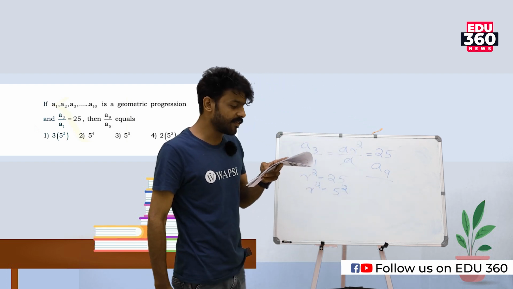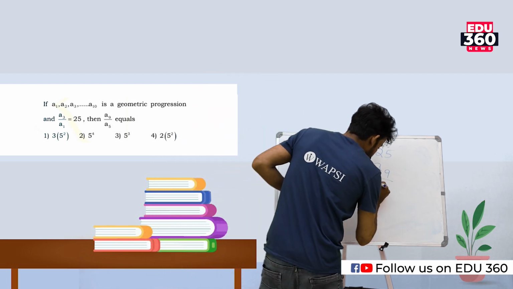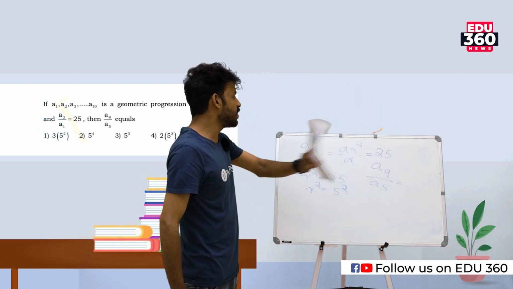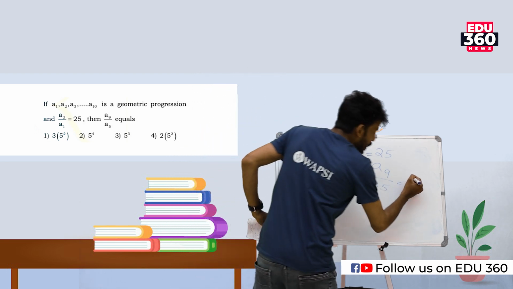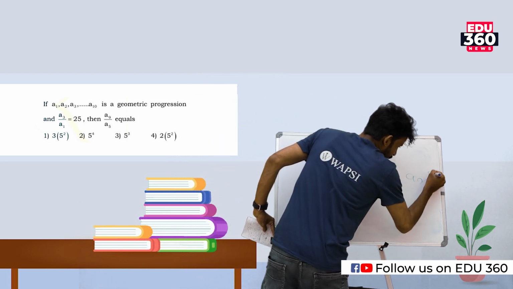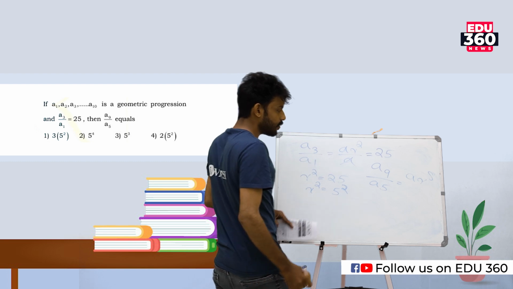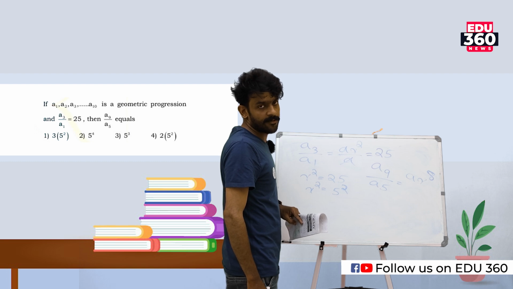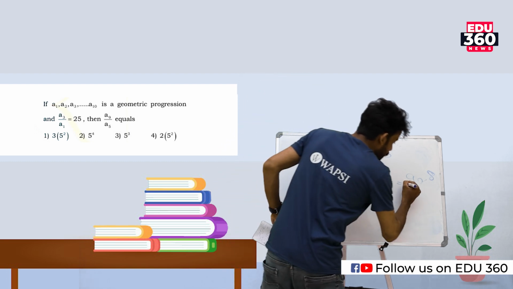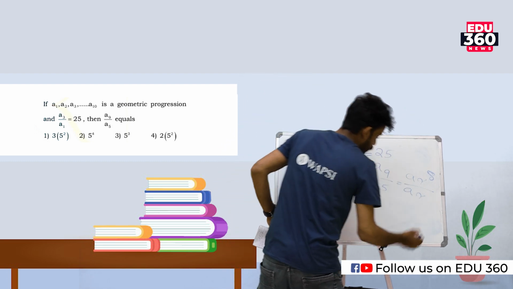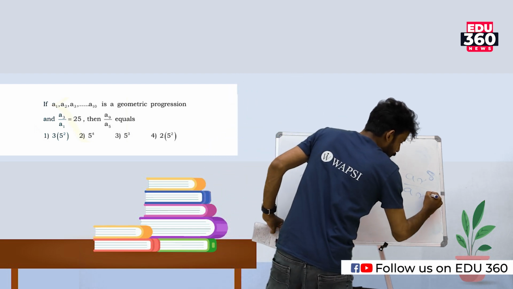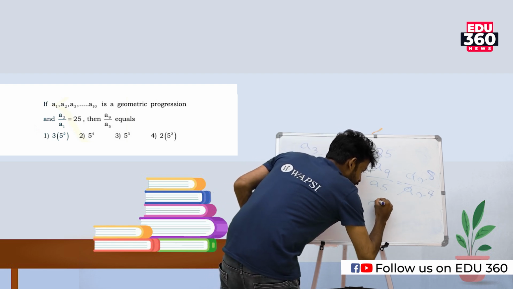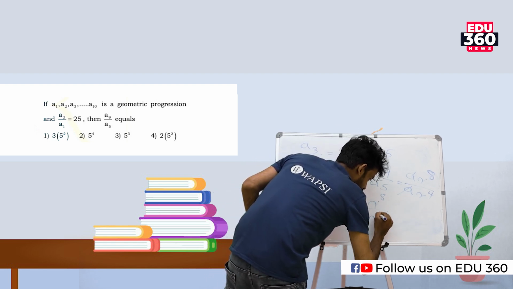Using the same method for a n, we can write a r raised to 8, because a r raised to 9 minus 1 is a r raised to 8, divided by a r raised to 5 minus 1, a r raised to 4. Just cancel this.